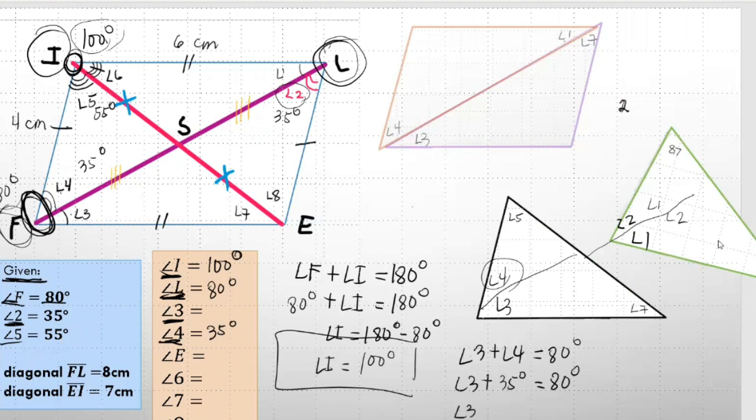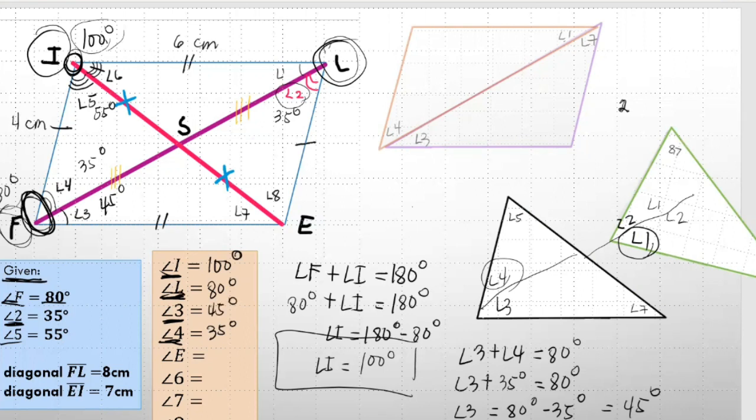Angle 3 is equal to 80 degrees. Subtract natin kay 35 degrees. Then it is equal to 45 degrees. Okay? So, therefore, angle 3 is 45 degrees. Since angle 3 is congruent kay angle 1 natin, therefore, angle 1 is considered as 45 degrees as well.